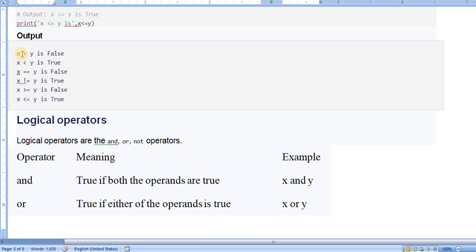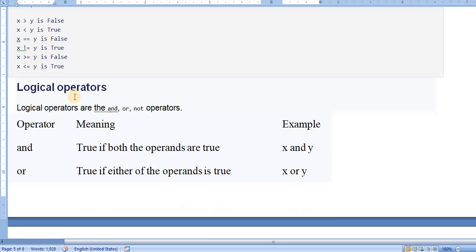So here x is greater than y is false, x is less than y is true, x is equals to y is false, x not equals to y is true, x is greater than or equals to y is false, and x is less than or equals to y is true, where x equals 10 and y equals 12. Okay.